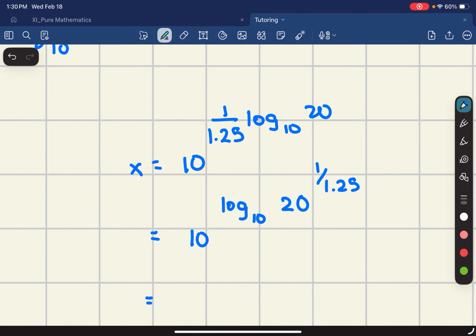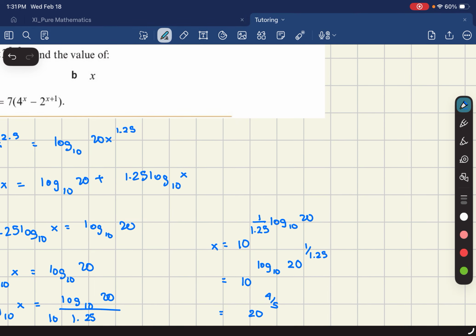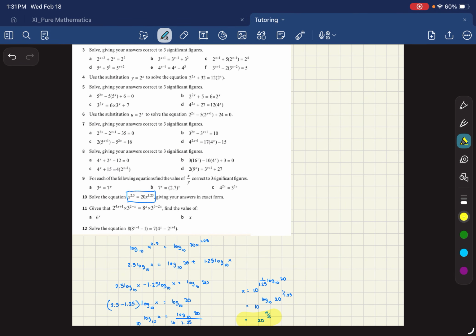And this simplifies to 20 to the power 1 over 1.25. And you can actually write 1.25 as a fraction, that is 5 by 4. Because it's in the denominator, the 4 comes to the numerator. So you're going to get 20 to the power 4 by 5. So that is the exact value. And yes, I think that is it.